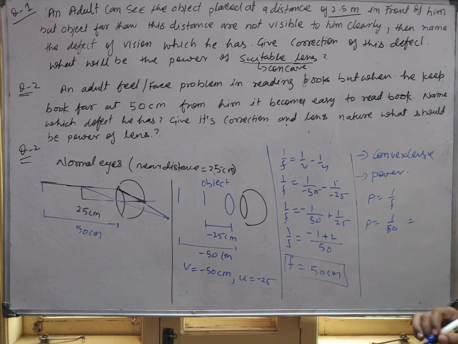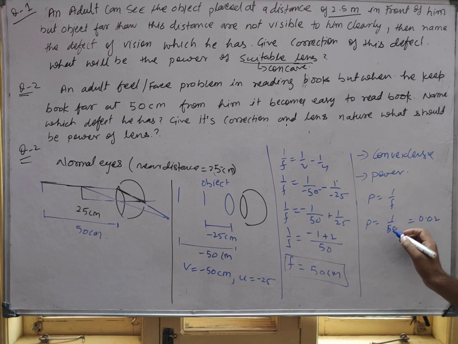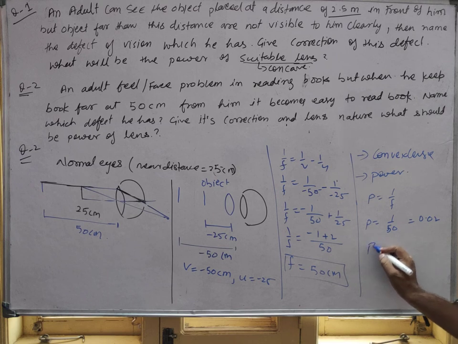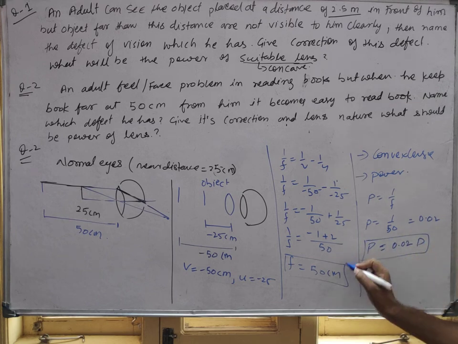So it is how much? 0.02. Yes, it will be 0.02 diopter.